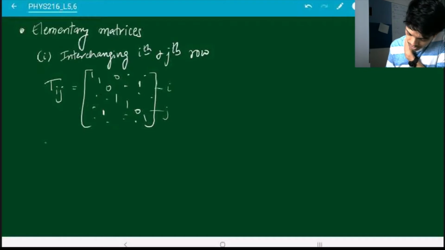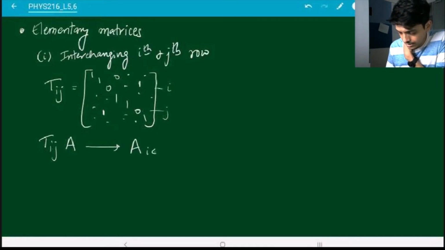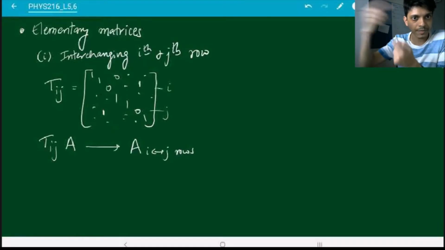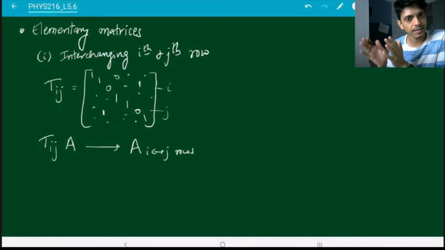Check that if you multiply Tij with a matrix A, this gives you A with the ith and jth rows interchanged. So if I want to interchange i and j, I don't have to do it explicitly in the code by going inside the matrix. I just multiply the matrix with Tij. That does the job of interchanging.